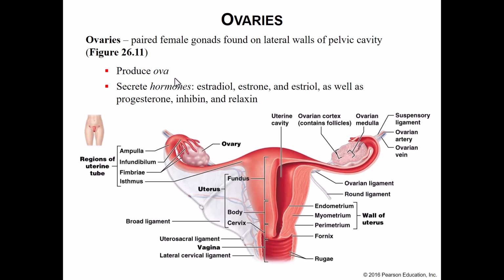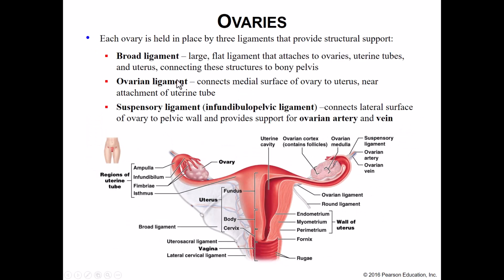So the ovaries are where the ova are produced, also where the hormones estradiol, estrone, and estriol, as well as progesterone, inhibin, and relaxin are made. Those ligaments provide structural support to hold the ovaries in place, and then the suspensory ligament holds it to the abdominal wall.